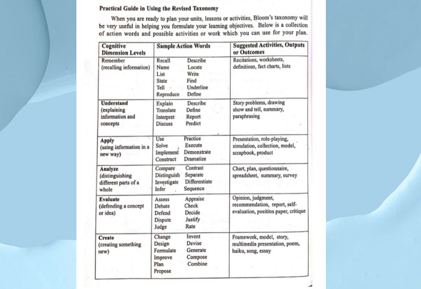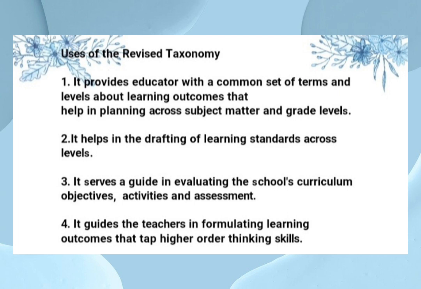Cognitive dimension levels: create. Sample action words: change, invent, design, devise, formulate, generate, improve, compose, plan, combine, propose. Suggested activities, outputs, or outcomes: framework, model, story, multimedia presentation, poem, haiku, song, essay.